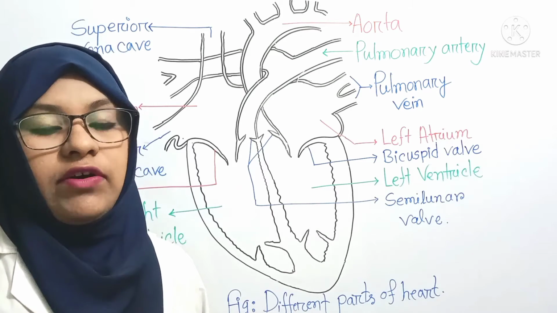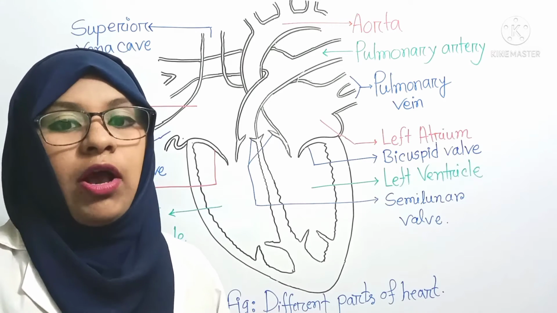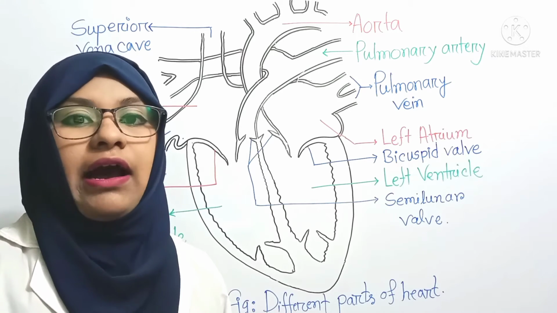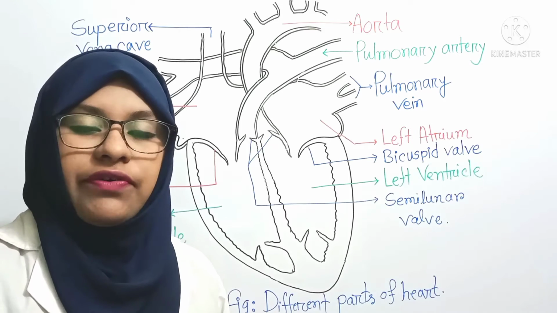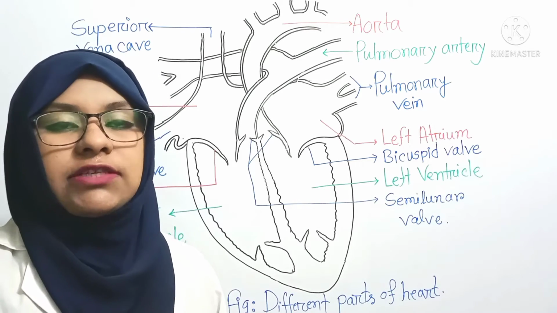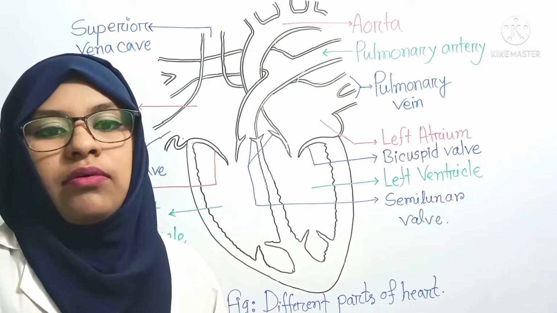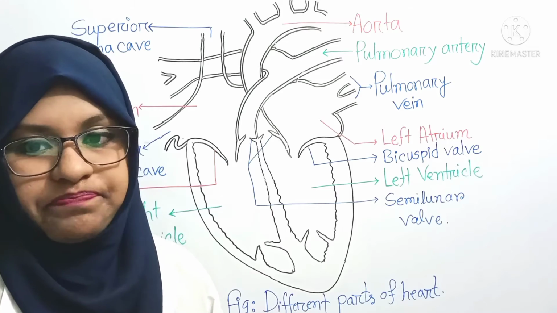Now I am telling about the functions of the heart. We know that the blood circulatory system of the human body is formed by the heart, veins, arteries and capillaries. The human heart continuously expands and contracts and circulates blood through veins and arteries.